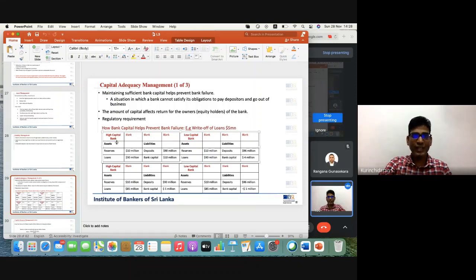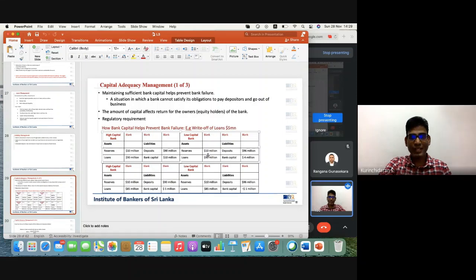If you take the high capital bank, asset size is 100 million. Out of that, reserve is 10 million and loans 90 million. And if you see the liabilities, deposits 90 million and bank capital 10 million. So 10 million is big capital, high capital, I would say. Then if you take the low capital bank, the reserves are 10 million, equal.